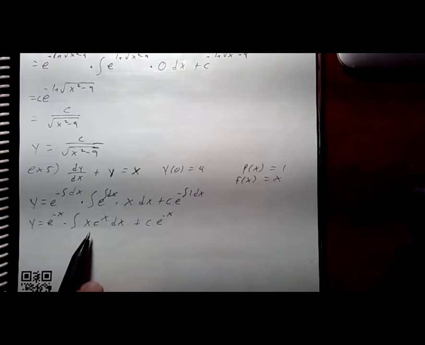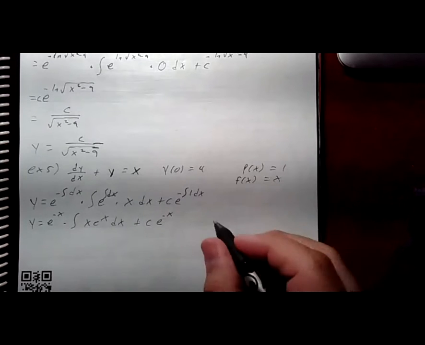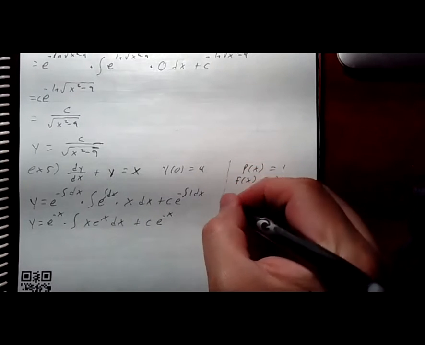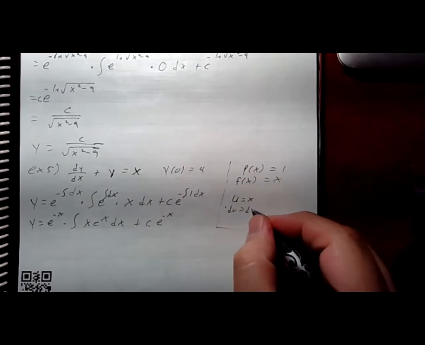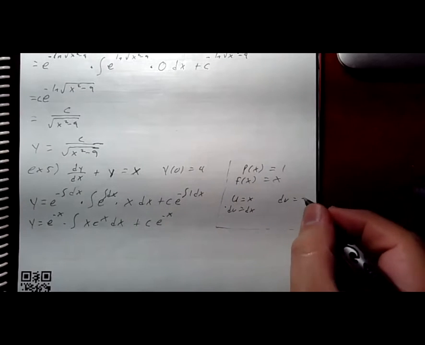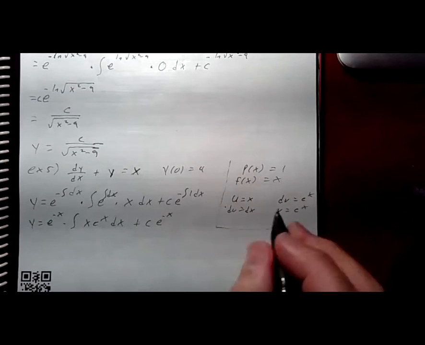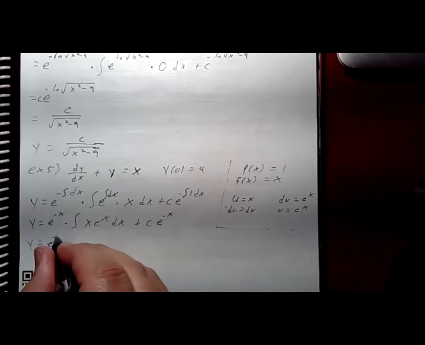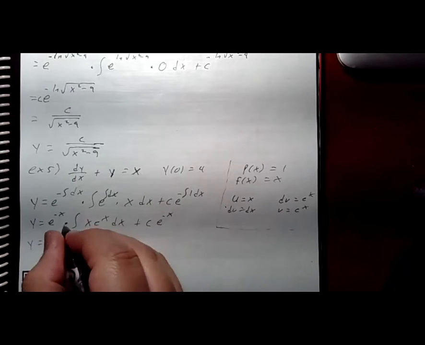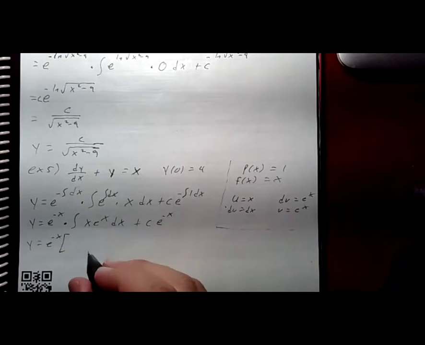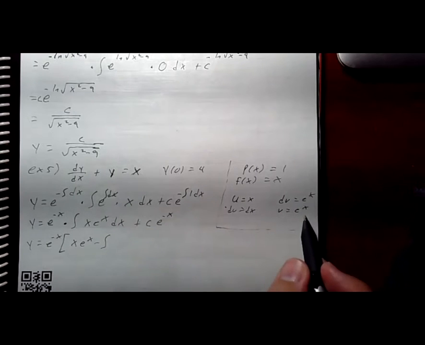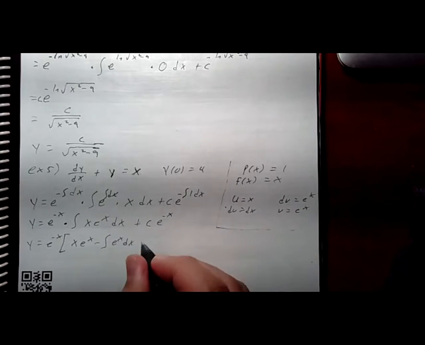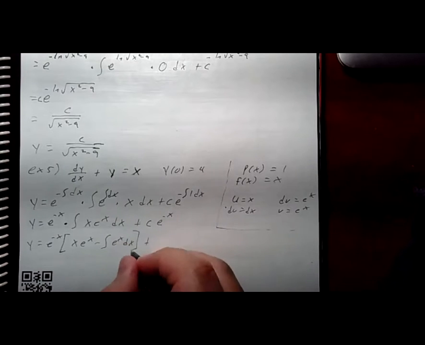This would be a by parts problem, which will be this. So that'll be e to the negative x, and put brackets on this integral. So that'll be x e^x minus the integral of v du, plus c e to the negative x.